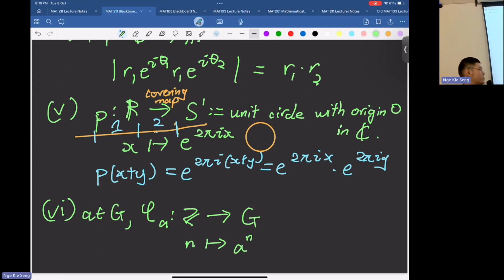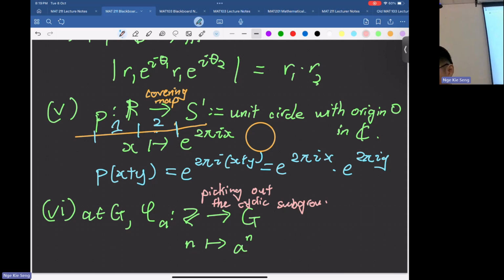If you look at the image of this map, it is the integer powers of A. So we are picking out the cyclic subgroup generated by A.